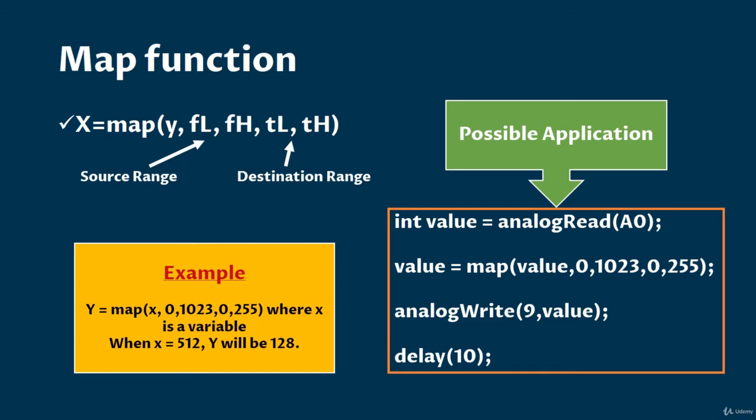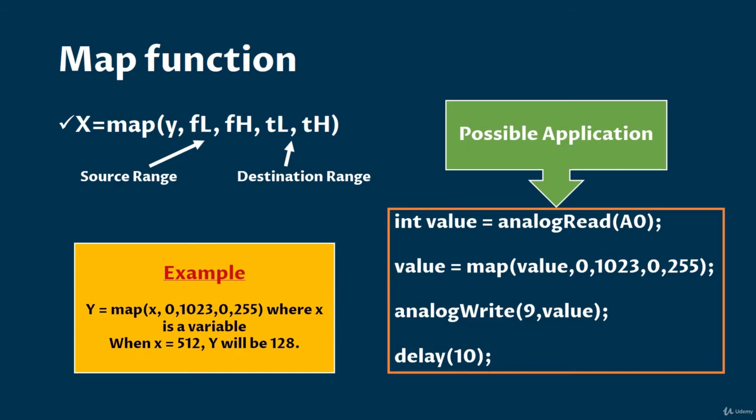But there is a catch. The range of analog read values is from 0 to 1023 and the range of analog write is from 0 to 255. You should use something to convert the range. That something is the map function.